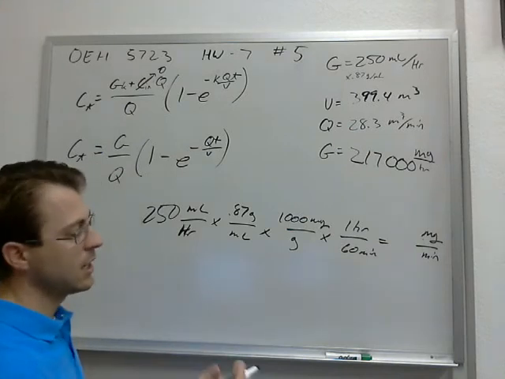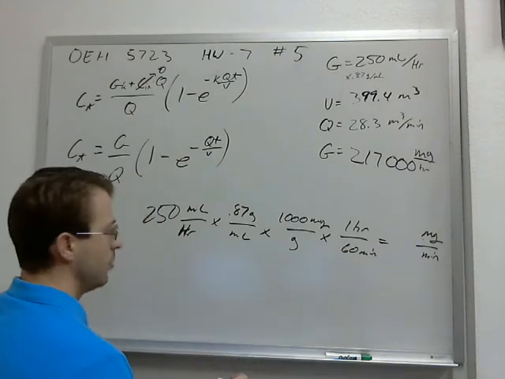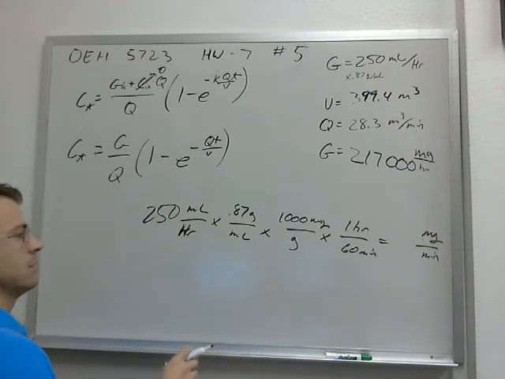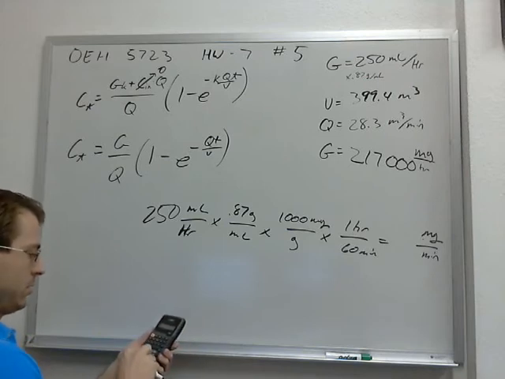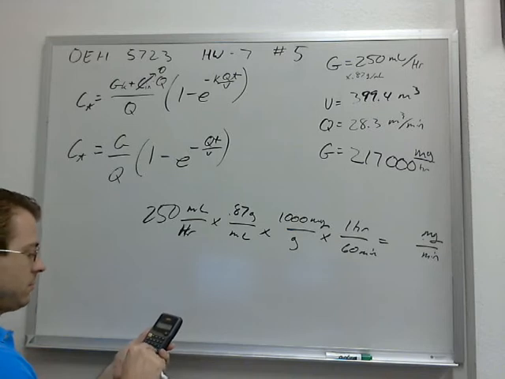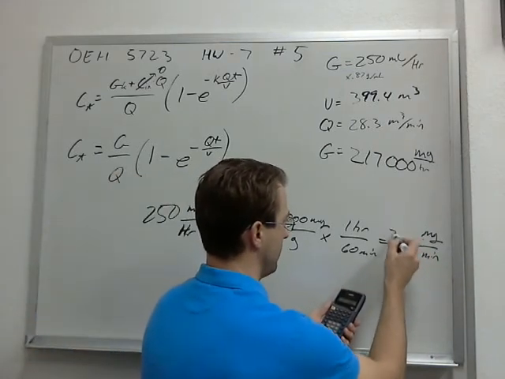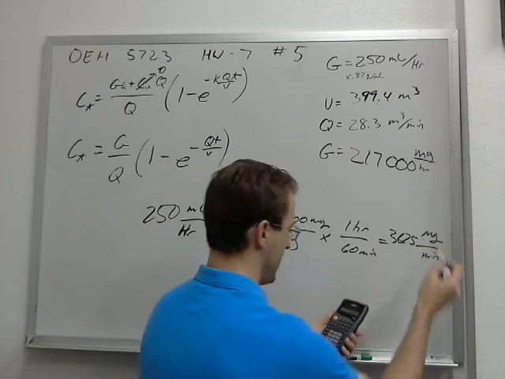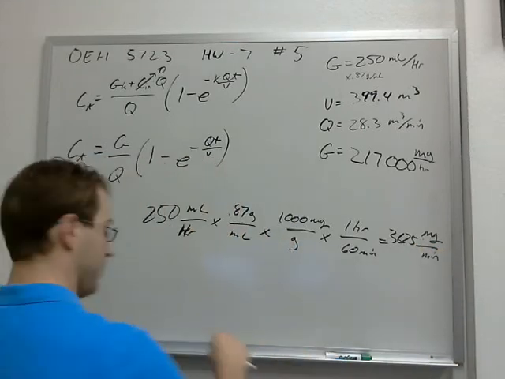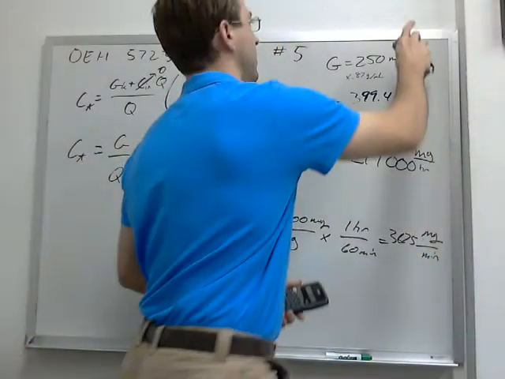And this might be a kind of atrociously large number, but it's going to make our units cancel and simpler later. So 250 times 0.87 times 1,000 divided by 60. So it's 3,625 milligrams per minute.